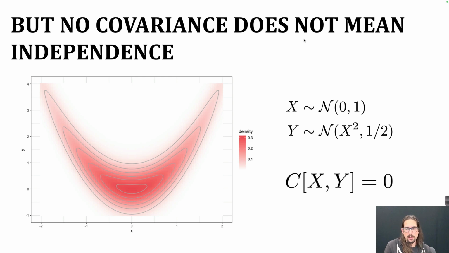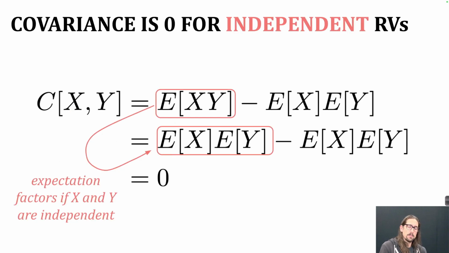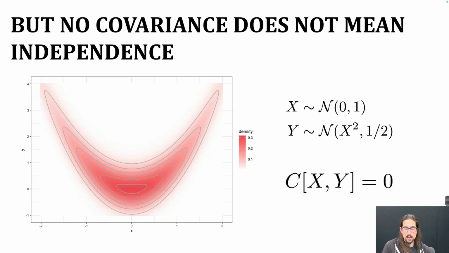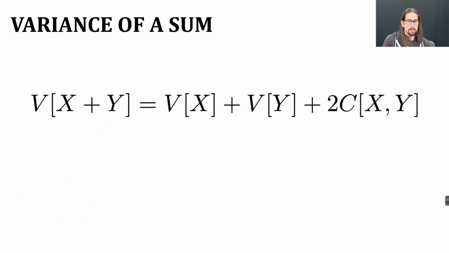So me telling you about x tells you about y, right? They're clearly not independent. However, the covariance is 0. So the covariance is not measuring independence. But it is the case that when they are independent, there is no covariance. So it's sensitive to independence, but it's not measuring it directly.